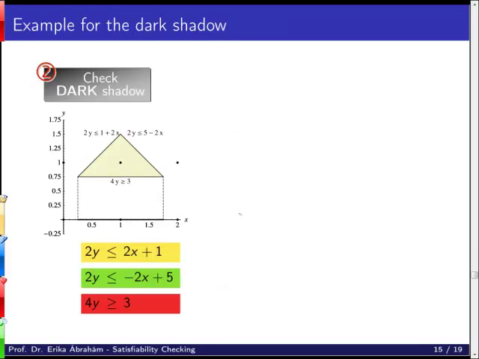Here. The dark shadow is basically, let's say, assume the projection of this solution to the x-axis is here. This is a projection, which is called shadow in this case. And if this haze has a kind of minimal haze, which assures you that there exists an integer in all dimensions, then you can imagine that this shadow is darker.